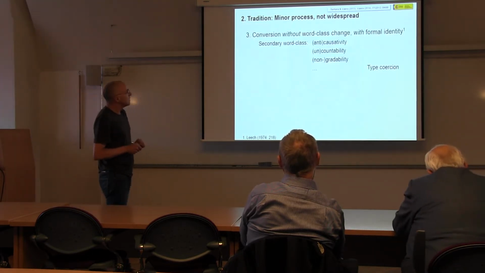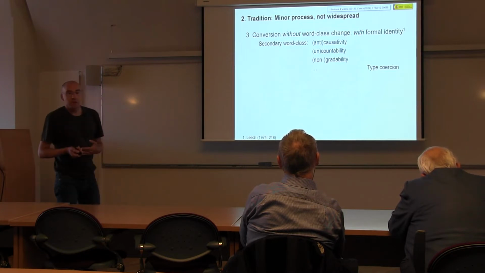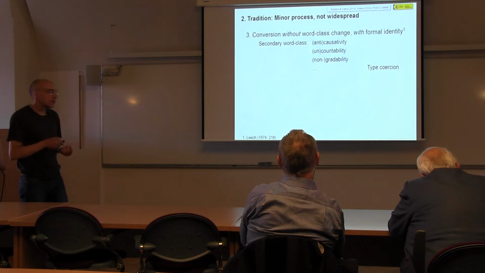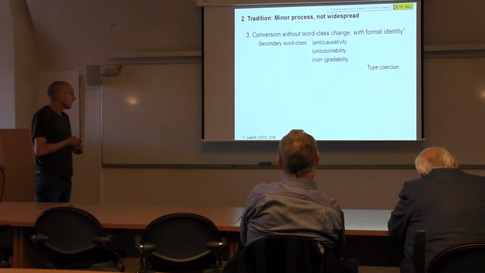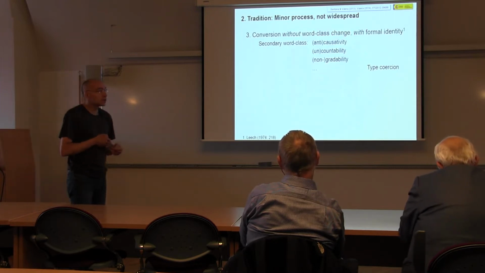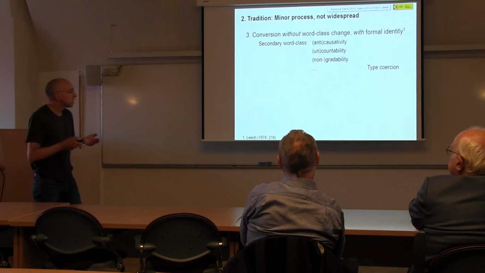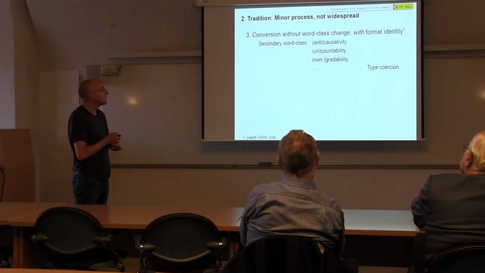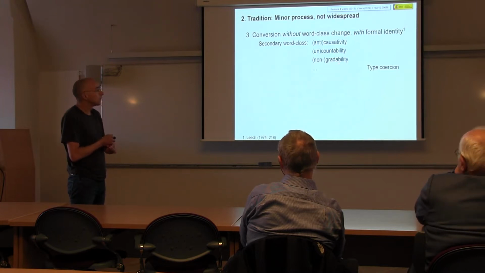The third possibility was there is no word class change, but there is formal identity. The possibility for conversion to occur without change of word class, as far as I know, was reported first by this book, Semantics, by Geoffrey Leech, where he considered conversion cases where one and the same word changes from, for example, causative to anti-causative, nouns countable or uncountable, adjectives gradable or non-gradable.